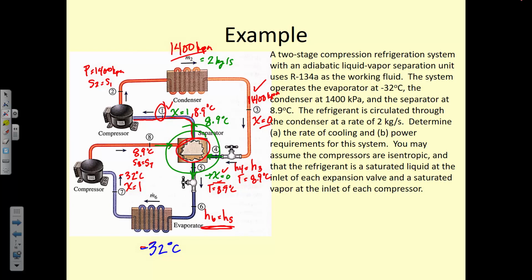If it ends up in the compressed liquid region, then it might be a lower temperature than what's coming out of the evaporator. In this problem, it's the same. It ends up being the same, but you can't necessarily assume that. You'd have to look at the enthalpy and check. You'd have to be given pressure information to be able to find that, but it's not necessarily the same.